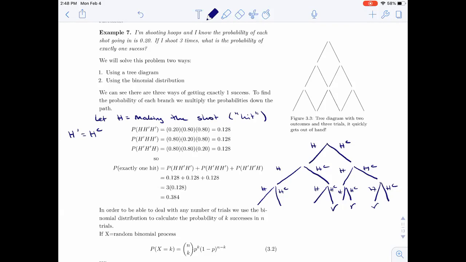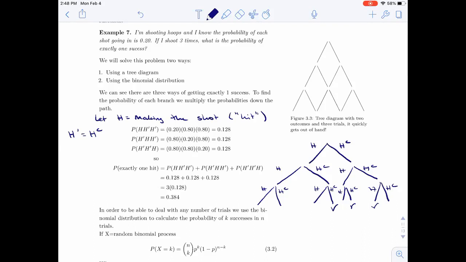So the probability of exactly one hit is this one, or this one, or this one. So we can just add them up, which ends up being 3 times 0.128. 3 because we have 3 ways of getting there, each with a probability of 0.128. So we solved it.